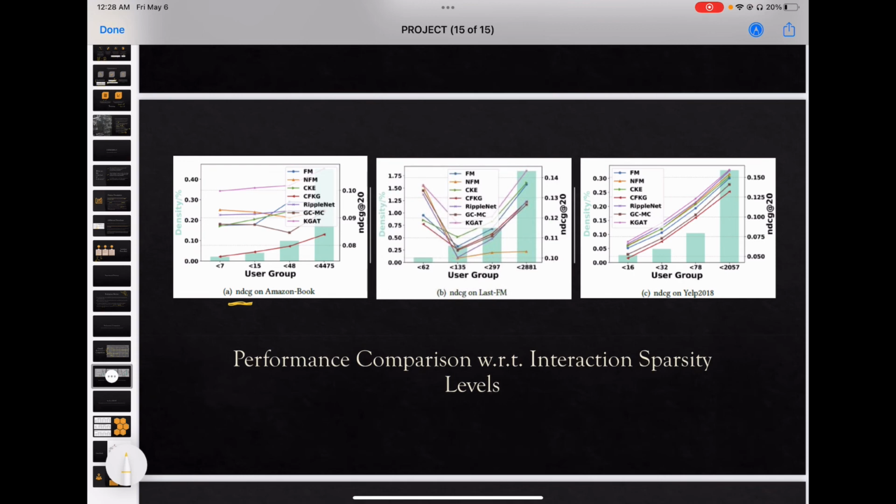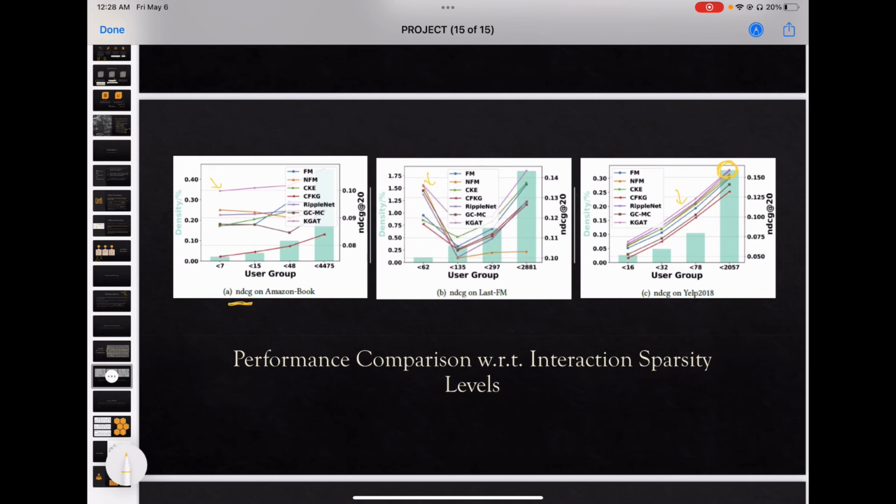Here we see that KGAT is the pink line in all of these graphs. And we see that KGAT performs way better than any other algorithm that we have taken for comparison in all three datasets, except for this point right here.